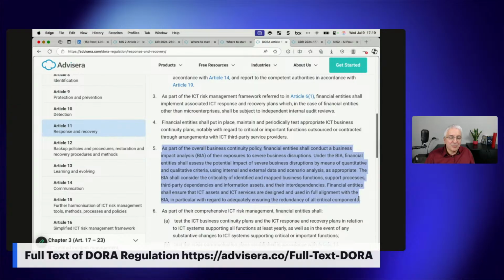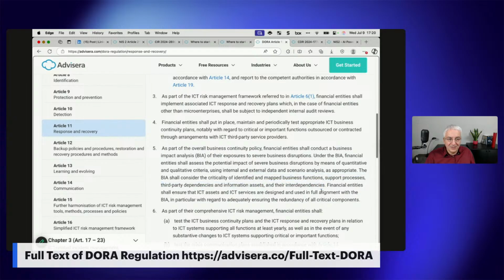So here you see much more precise requirements on what DORA actually requires from the BIA. However, again, it doesn't tell you how to do it. So you have more or less similar problems, but let me emphasize here. It says quantitative and qualitative criteria. It says internal and external data. It says scenario analysis, and that you have identified and mapped the business functions, support processes, third-party dependencies, information assets, and their interdependencies.